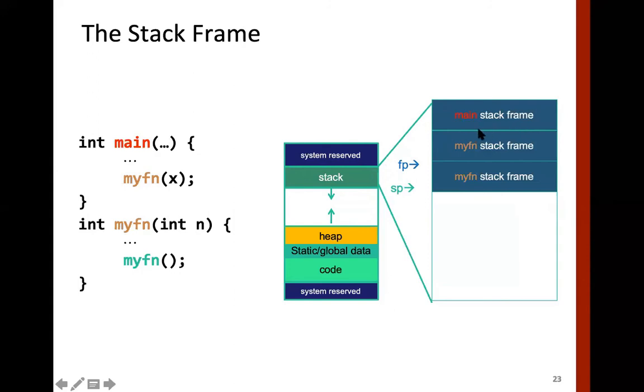So when we are jumping to my function, there will be a JAL instruction in assembly, and it will be saving some registers. So all this register saving will happen in the stack frame corresponding to main. Now when control comes to my function, there will be a stack frame corresponding to this one.